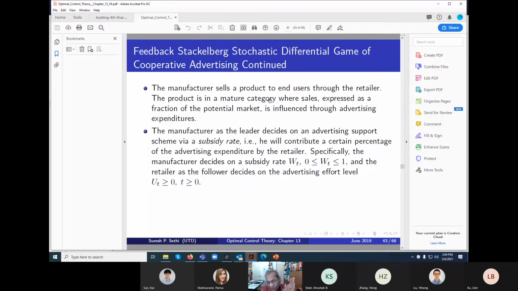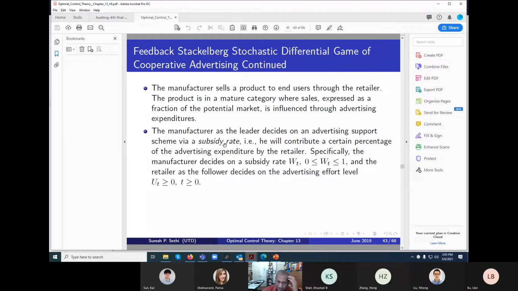So what the manufacturer does is to tell the retailer, I will subsidize your advertising to a certain percentage. So WT is the percentage between 0 and 1. That will be the subsidy rate. So if I say the subsidy rate is 0.2, then I will pay 20% of the advertising expenditure of the retailer.